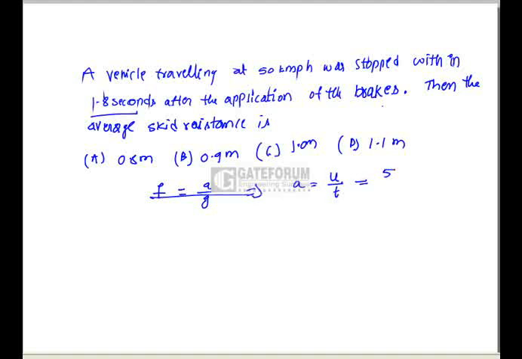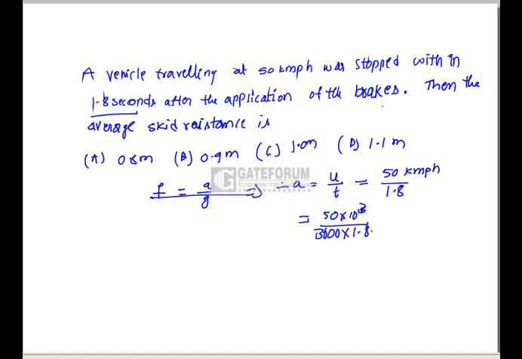Velocity is 50 kmph, time is 1.8 seconds. So we convert it to uniform units in meters: 50 into kilometers converted to meters by 10 power 3, and hour is 3600 seconds, into 1.8.